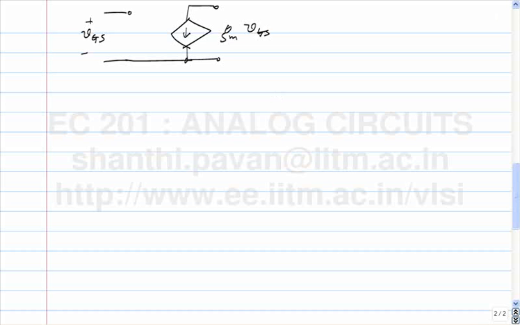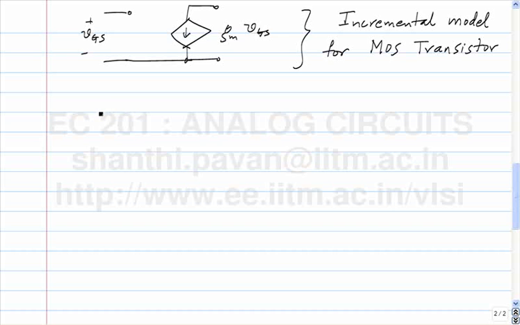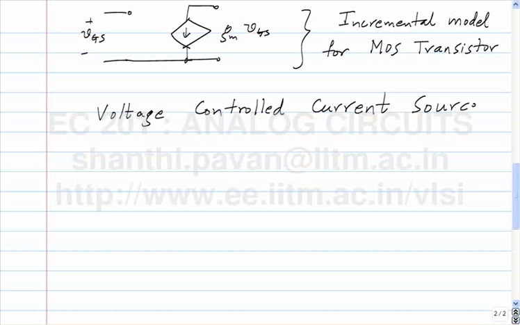So this is the incremental model for the basic MOSFET. The next thing is to try a voltage controlled current source. And it's understood that we're trying to realize an incremental voltage controlled current source. So how would I go about tackling this problem?